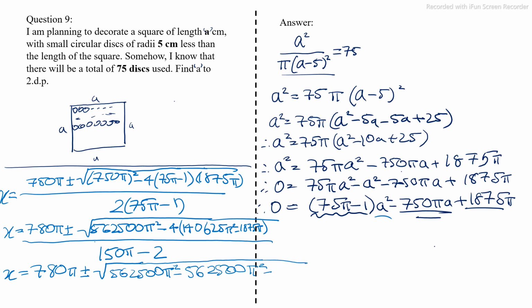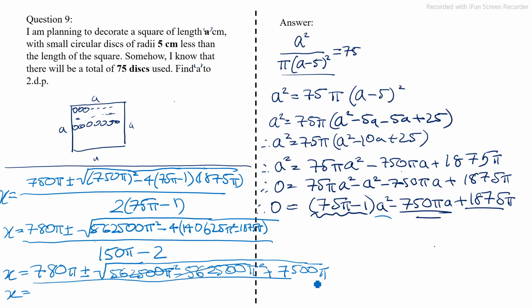Oh, minus. Oh, and it's actually plus because negative times negative. 1875 plus times 4, so on, 7500 pi. Oh, so this is x equals, these two cancel out because they're the same.